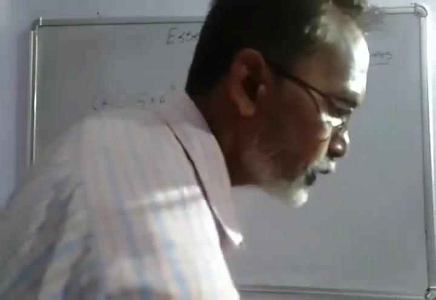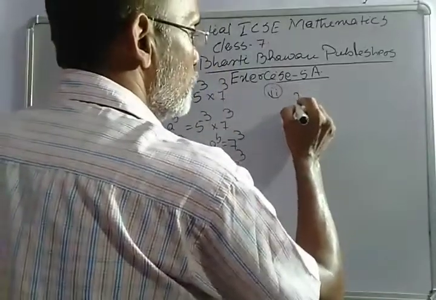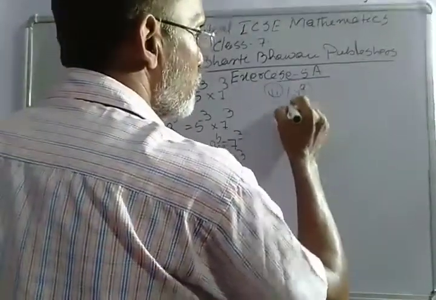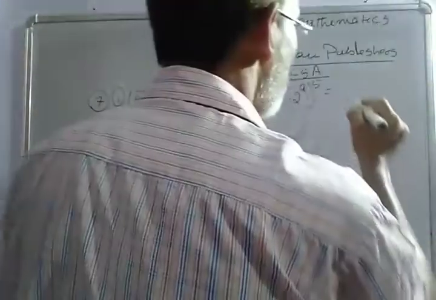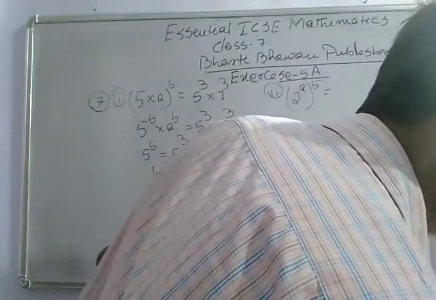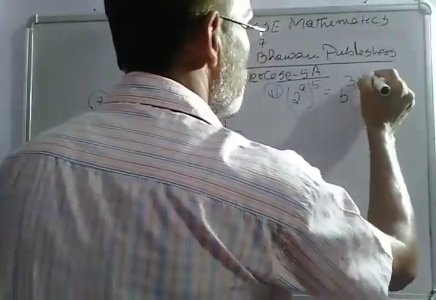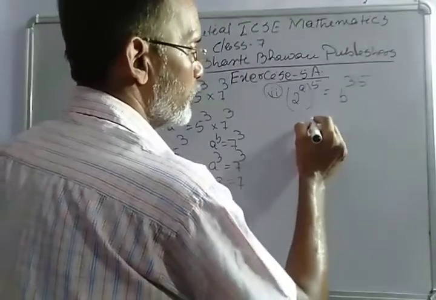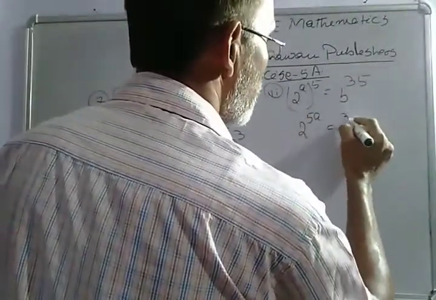Part 2 is 2 to the power a, whole to the power 5, is equal to b to the power 35. So this is equal to 2 to the power 5a is equal to b to the power 35.